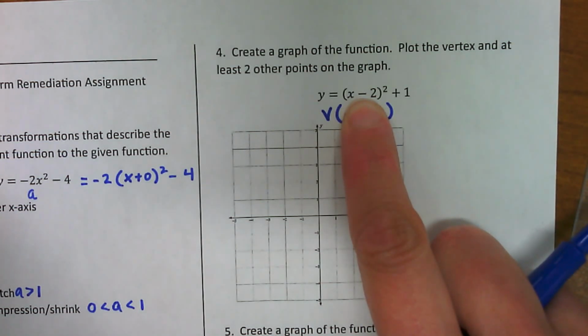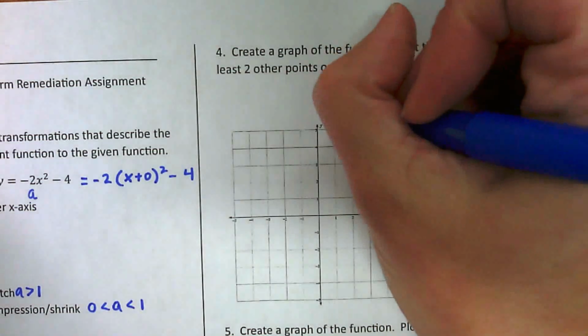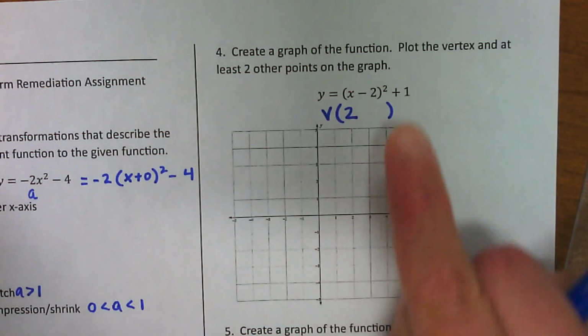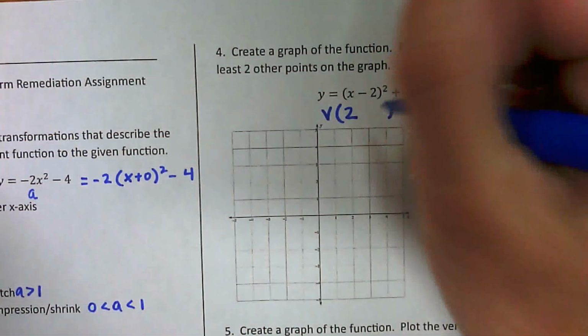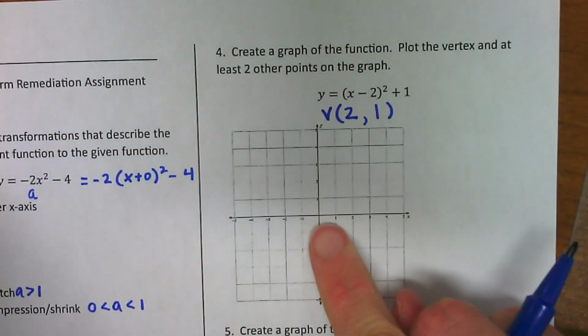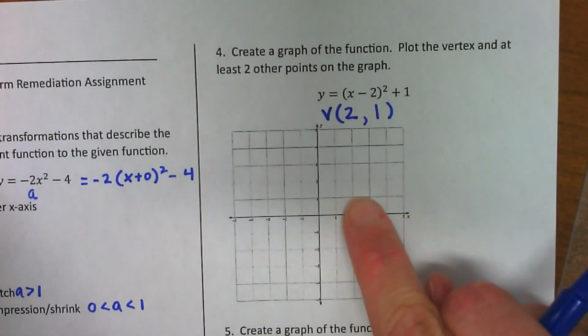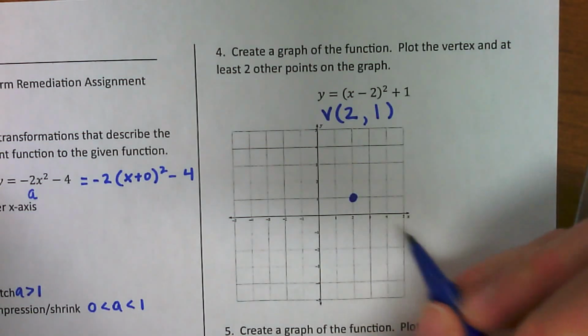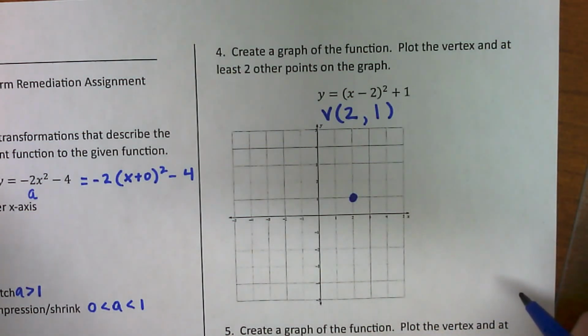It goes right 2. So it's a positive 2 because I'm going right 2. And this tells us it's going up 1. So right 2 up 1 makes this coordinate 2, 1. That's the first thing that goes on our graph.